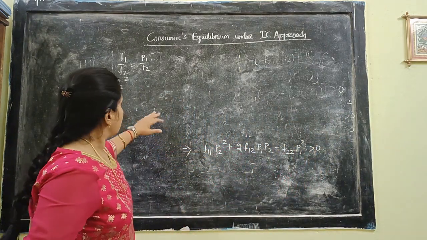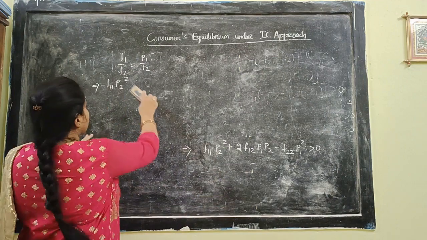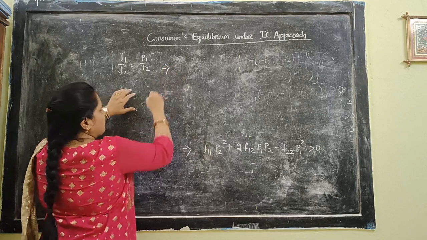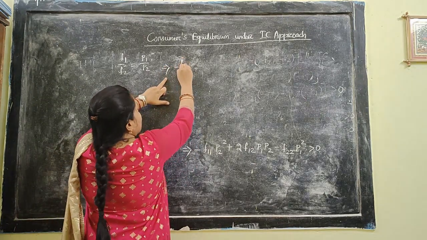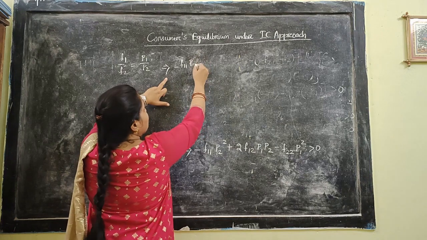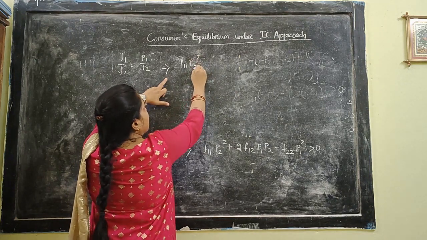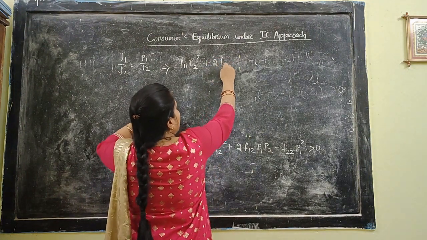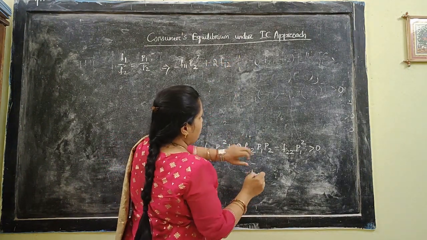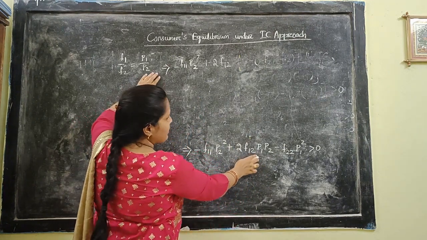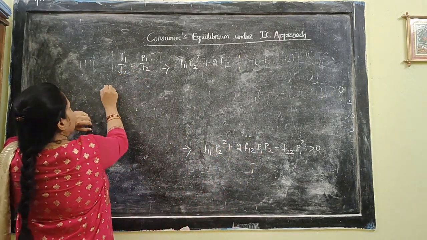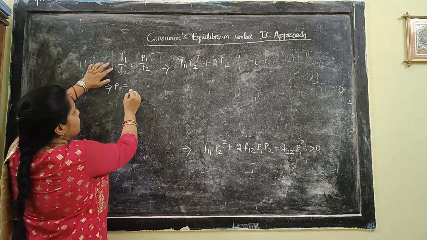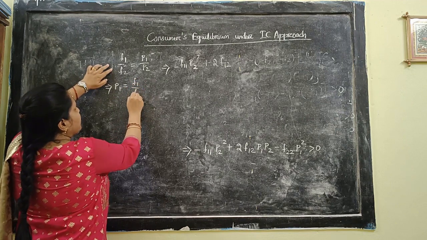So let me write it here again. This implies, I am taking the first one as it is, F11 P2 square plus 2 F12 P1. In place of P1, we can derive from this relationship: P1 is equal to F1 by F2 into P2, right?